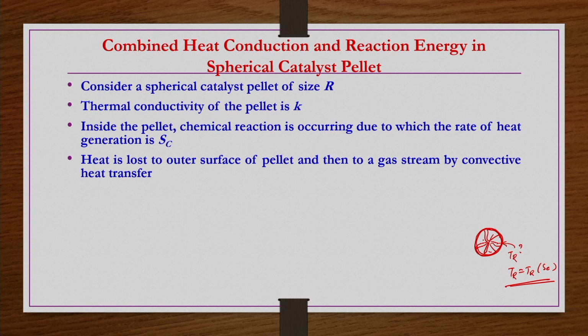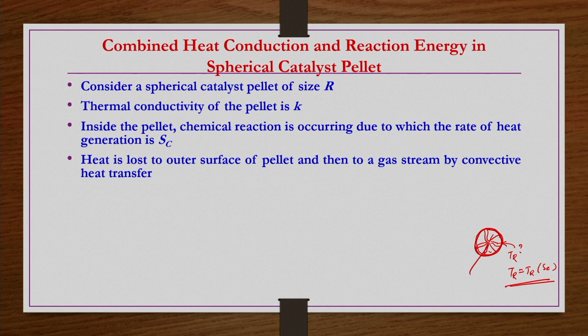Okay. So, now since the reaction is taking place inside the porous catalyst pellet, the temperature would be maximum at the center, right. At the center we have maximum temperature, because the reaction is taking place inside the catalyst pellet.